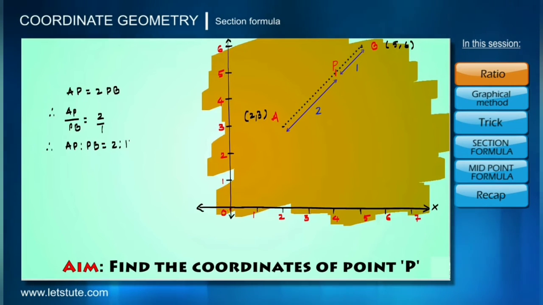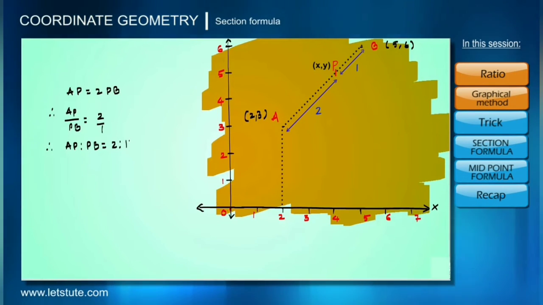And the main aim of this session is to find the coordinates of P, that is x and y. So let's start with x. The x coordinate of A is 2 and the x coordinate of B is 5.